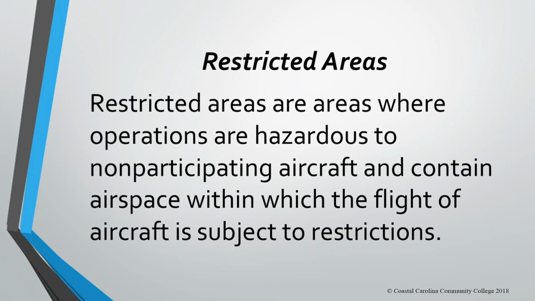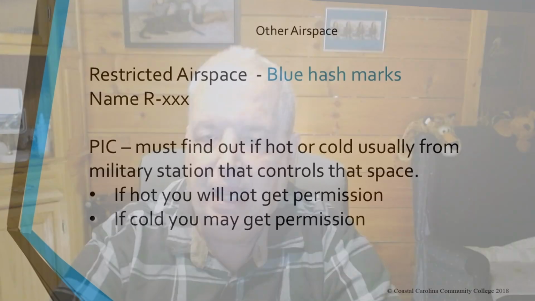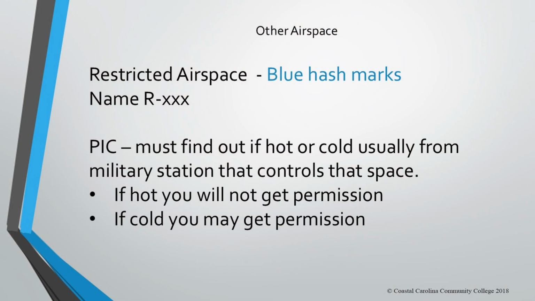Restricted areas are areas where the operations are hazardous to non-participating aircraft and contain airspace within which the flight of aircraft is subject to restrictions. So on a map, you will see an area outlined in blue hash marks.